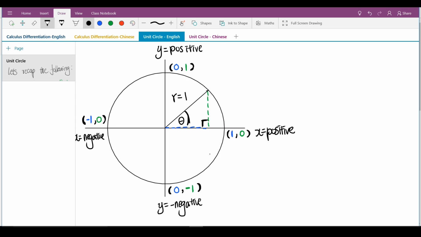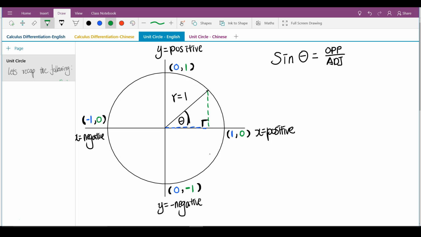All right. Now we know from your previous learning that sine theta is equal to opposite over adjacent. So referring to this particular angle, the opposite is our red dotted line. And remember, at this point here, that red dotted line is the y value of that point.